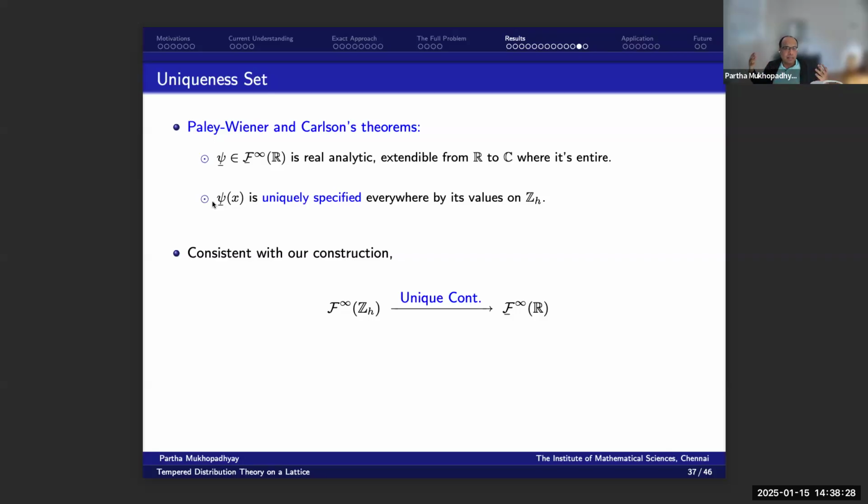You can have an infinite number of uniqueness sets which are related by translations in 1D, and all of them are equally good to specify the particular function psi lower bar of x. And that is why writing a field theory on the lattice using psi can incorporate translational invariance.